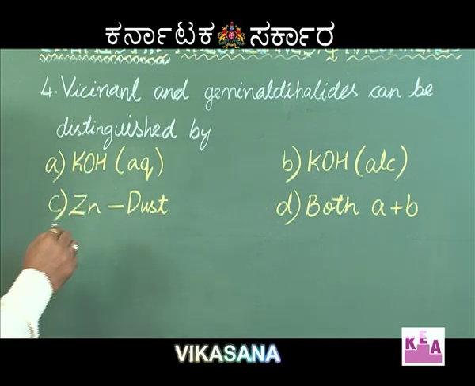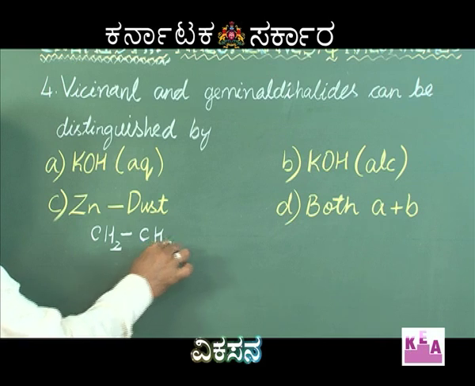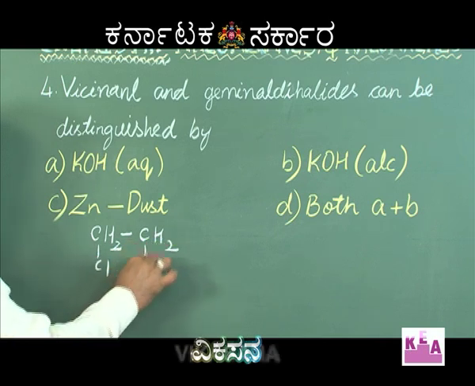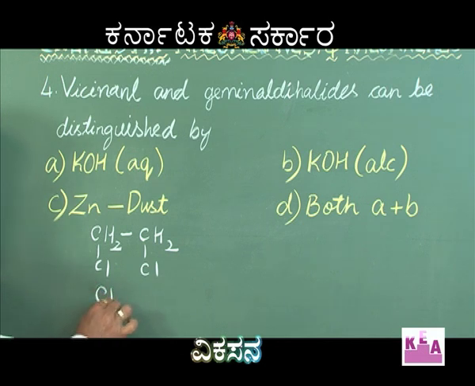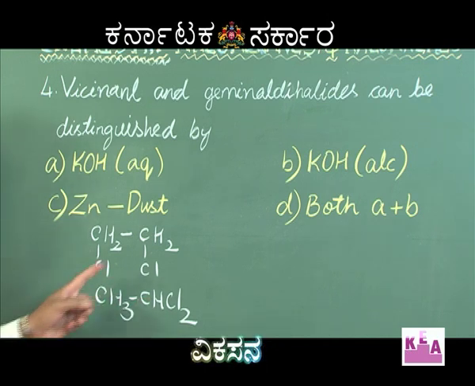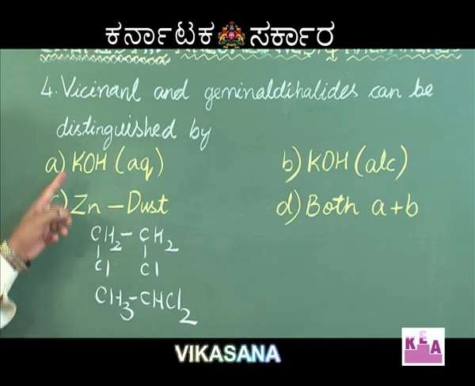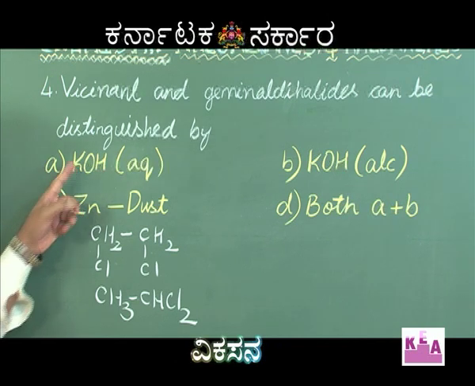If you take an example of a vicinal dihalide, 1,2-dichloroethane, and a geminal dihalide, 1,1-dichloroethane, since these are halogen derivatives, they can undergo reaction with aqueous KOH, which is a nucleophilic substitution reaction.